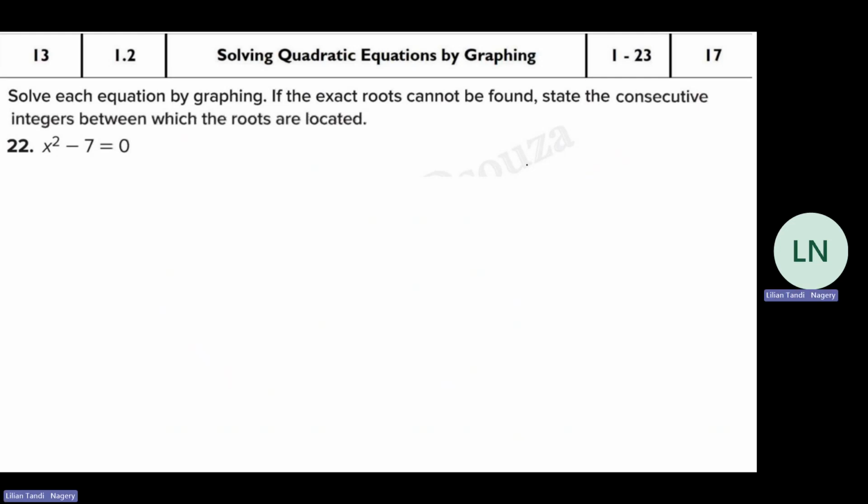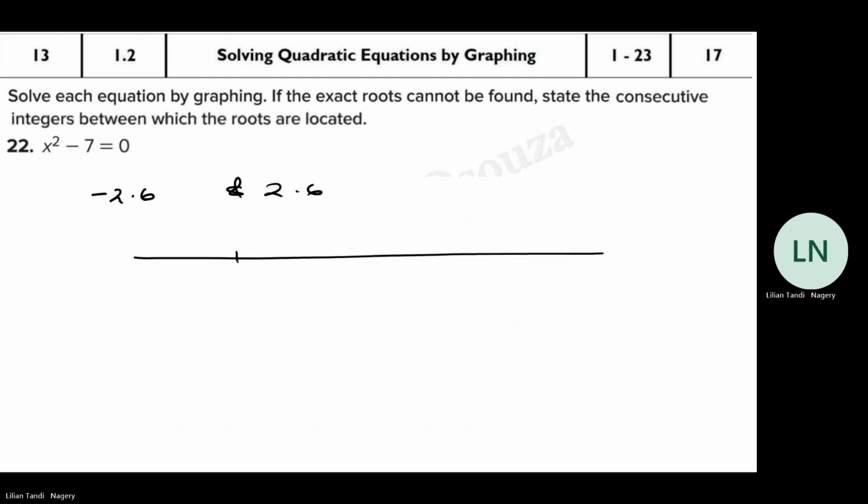I did the quadratic formula here. I got negative 2.6 and 2.6. So then I drew my number line: negative 3, negative 2, negative 1, 0, 1, 2, 3. 2.6 is here, and negative 2.6 is here.